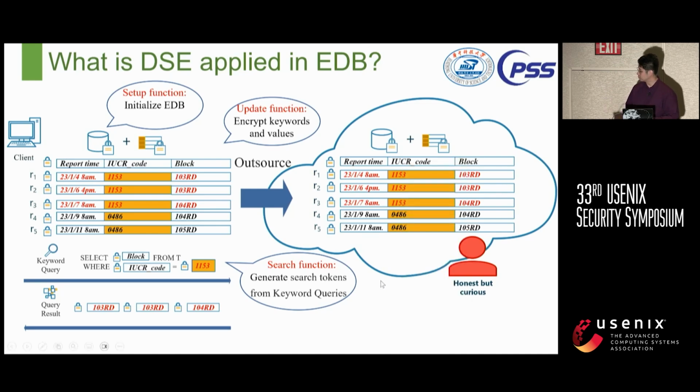And then if you want to retrieve these encrypted values, you can use a keyword query that designates the keyword and generate the search tokens from keyword values. Then the server will get the search token and retrieve the corresponding encrypted values.